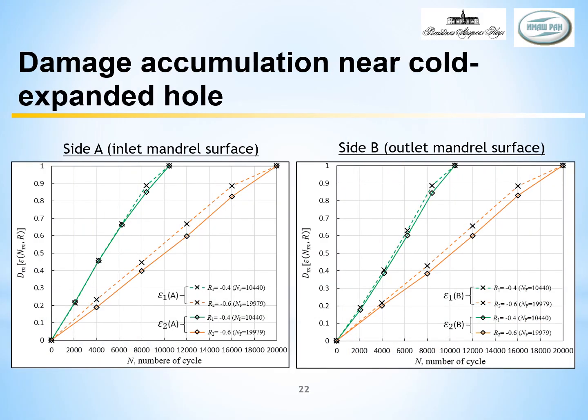So, the effect of stress ratio on damage accumulation rate is quantitatively described in the case of stress ratio minus 0.4 and minus 0.6 under constant stress range 320 megapascal. It can be seen that a more intensive fatigue damage accumulation in the vicinity of cold expanded holes is observed at stress ratio minus 0.4.